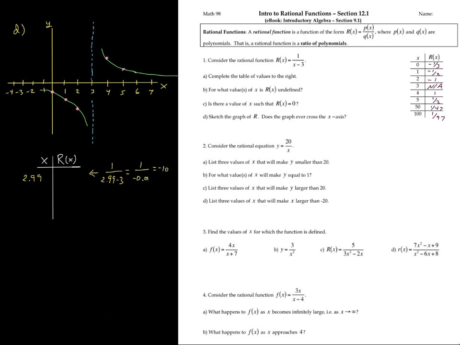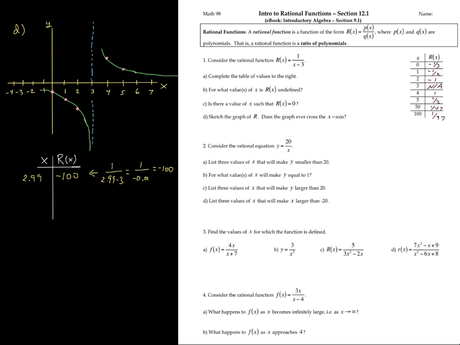Oh, that's negative 100, right? So it's really big and negative, okay? And so what that's telling us about the graph is that we're going to be essentially following this vertical line way, way down here, right? I mean, 2.99 is just shy of 3, and we're going to be way, way down there, it appears.